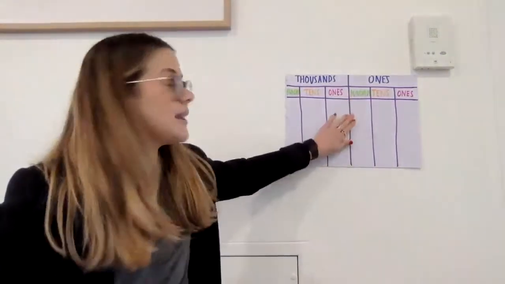What I'm going to ask you to do is pause this video because we're going to do some activities together. Okay, but I really want you to have that place value chart done up so we can continue.